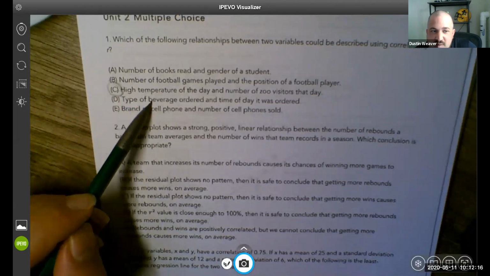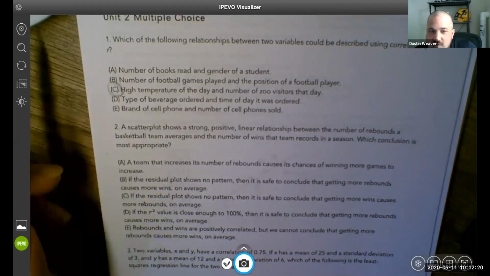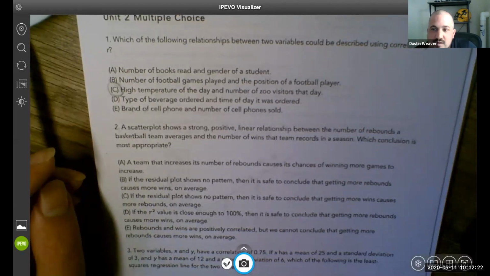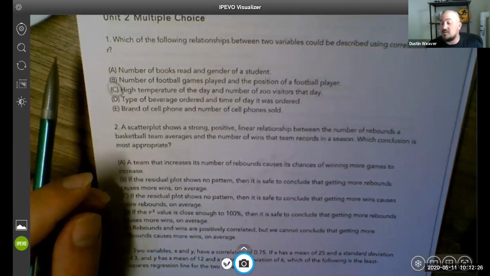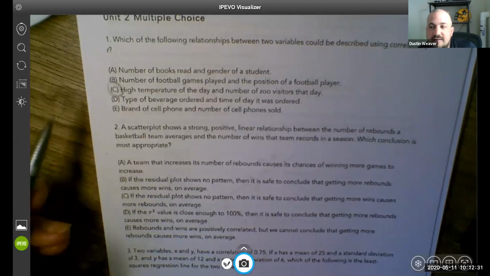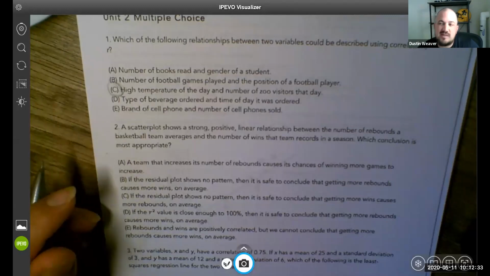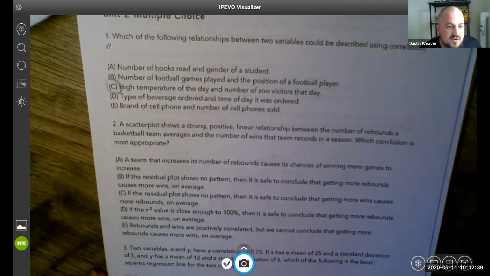In D, the type of beverage is categorical. And in E, the brand of cell phone would be categorical. So to use correlation R, you basically have to be able to create a scatter plot. And to create a scatter plot, you've got to have two quantitative variables, two things that you can describe with numbers. That's how we create our scatter plot. So that is question number 1.